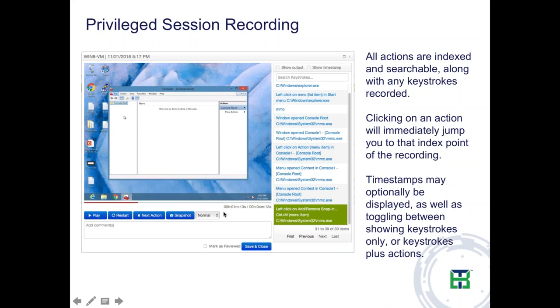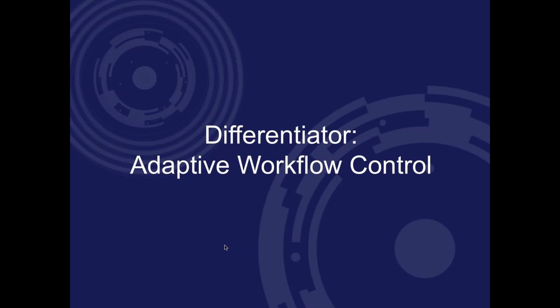You have the ability to change your replay speed. And then also, very importantly, especially if you're banking or financial, we've got the ability for you to add comments to it. And you can even mark it as reviewed. So when your SAT 70 audits come up, you can go back to your auditors and say, look, here's what my users have been doing. I've gone in, my managers are doing their due diligence and they're checking these recordings on a regular basis.